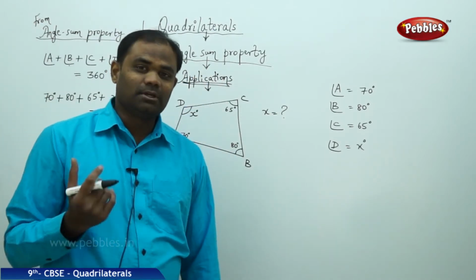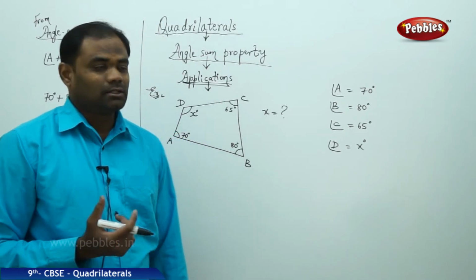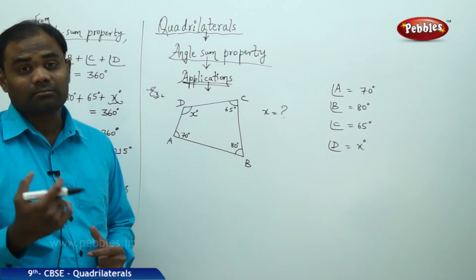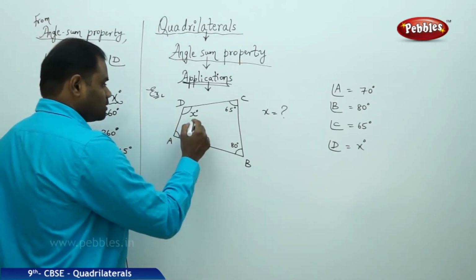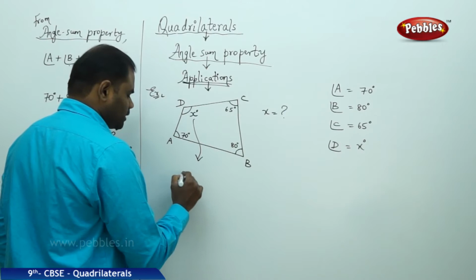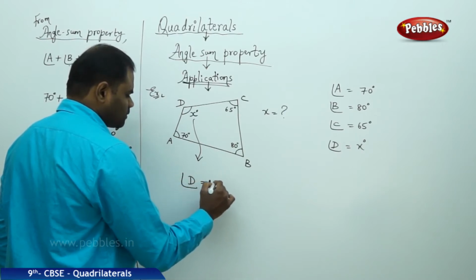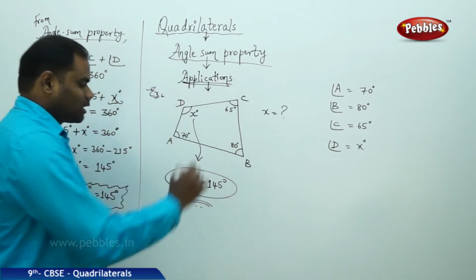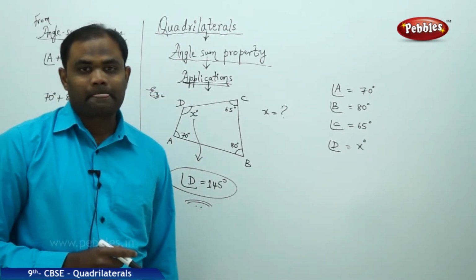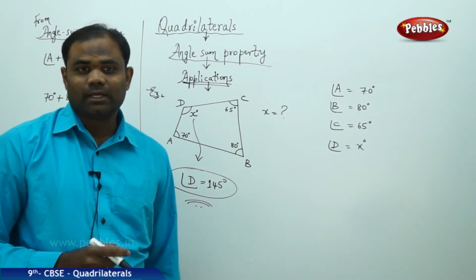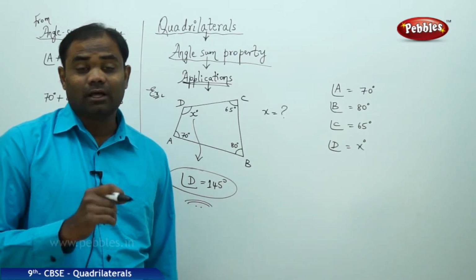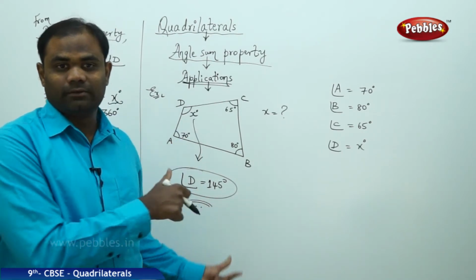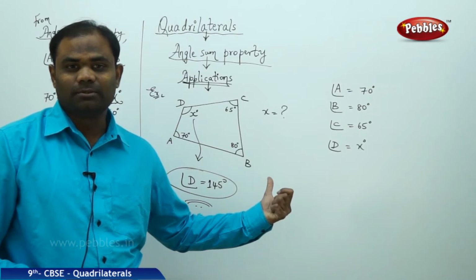My learning outcome here is that the angles of a quadrilateral can be found using the angle sum property. In this case, my unknown angle, angle D, is found to be 145 degrees. The angle sum property helps us in finding the unknown angles of the quadrilateral, 145 degrees in this example problem.